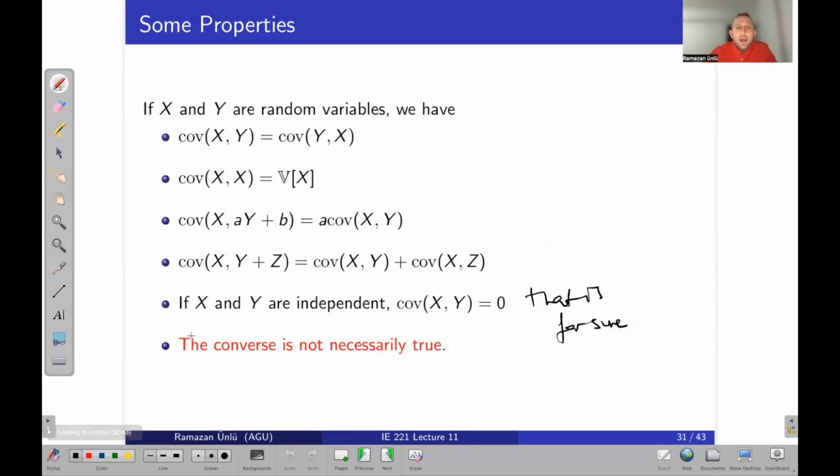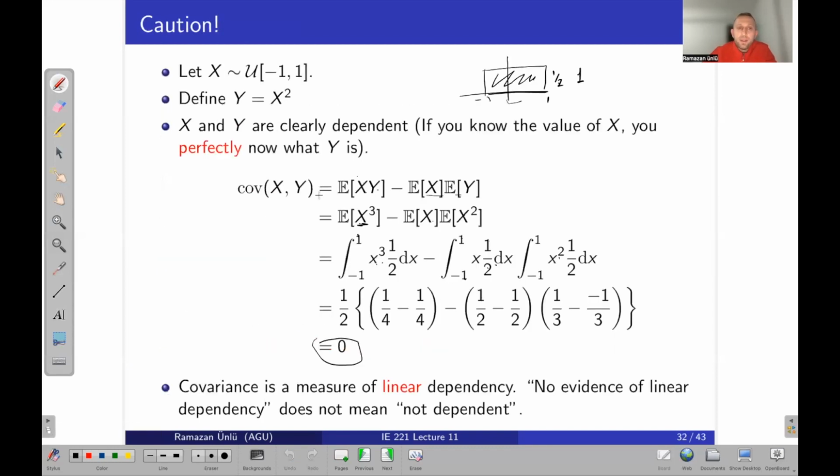So if we know the covariance of two random variables is 0, we cannot claim that they are independent. As you've seen in this example, even though they are strictly dependent, the covariance is 0. In other words, the covariance is a measure of the linear dependence.